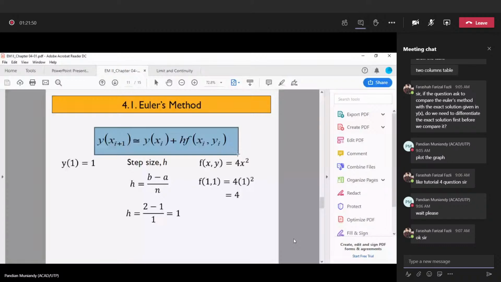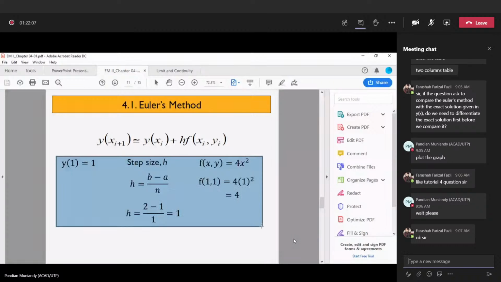y subscript i plus 1 equals y subscript i plus h f of x subscript i, y subscript i. Now, all this information is given and you can find it yourself. y1 equals 1. If you want to find the step size, h is b minus a divided by n, all given. h is 1.